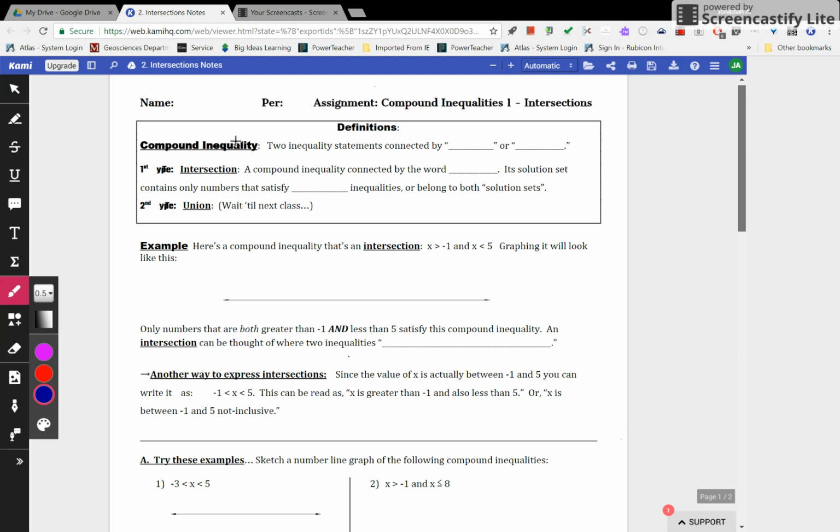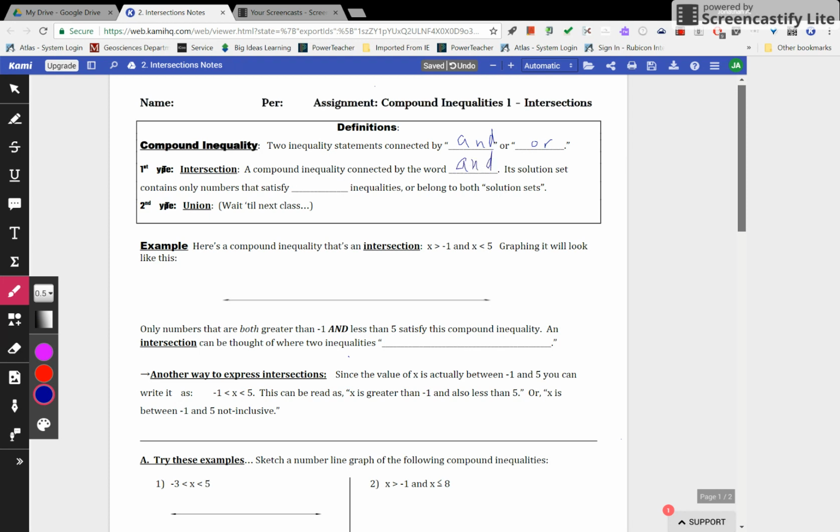And then because it's an inequality, it's obviously going to be a less than or greater than or a less than or equal to or a greater than or equal to. So any compound inequality is two inequality statements which are connected by an and or an or. The first type, the intersection, that's the one we're going to talk about today, is a compound inequality connected by the word and.